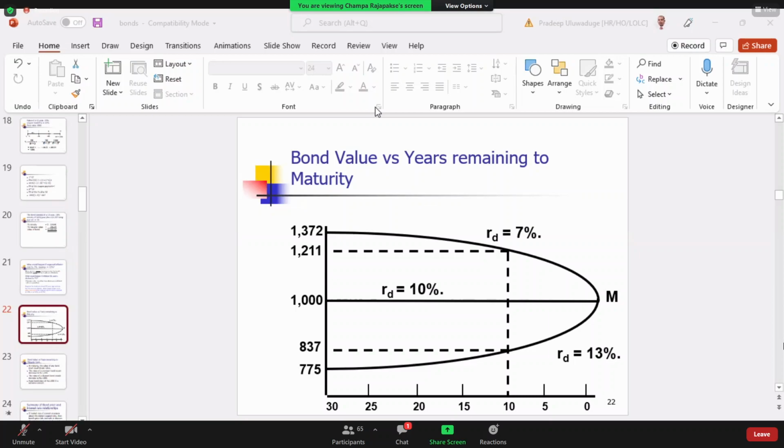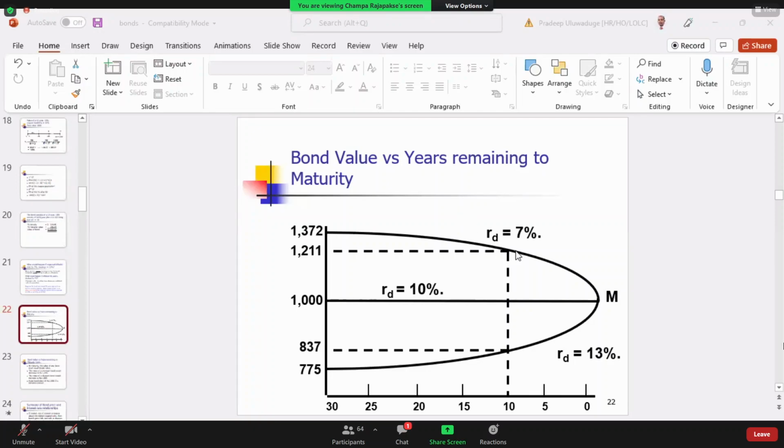As I said, the 1,000 rupee face value bond will be sold at 850. You keep it till maturity, you get 1,000. So the difference between 1,000 and 850 is the benefit that the holder gets. Understood? Okay, thanks a lot.